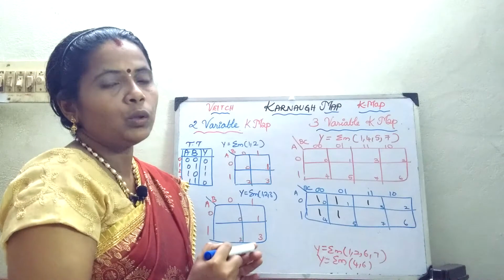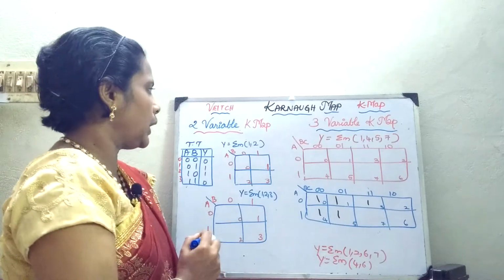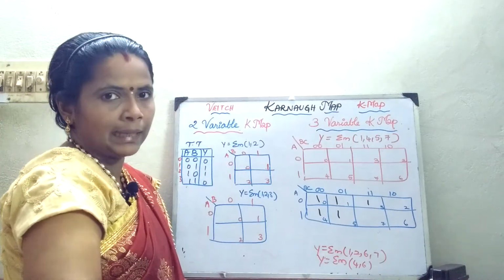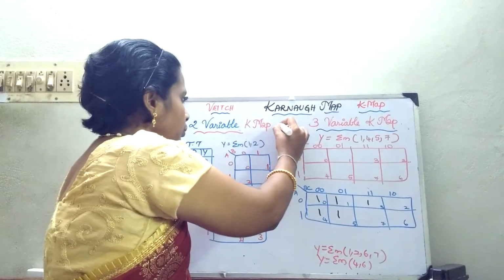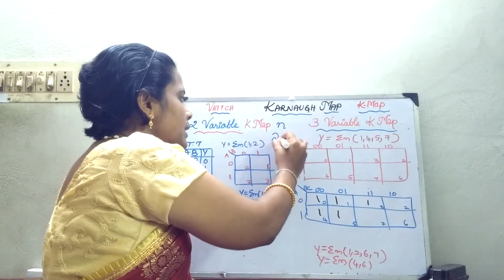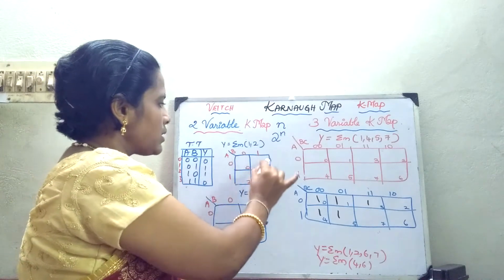How is this K-map represented? Let us see now. Suppose I take an n variable K-map, in that case 2 power n cells are going to be there. So how do I represent it?